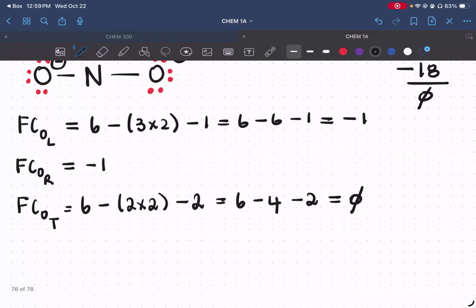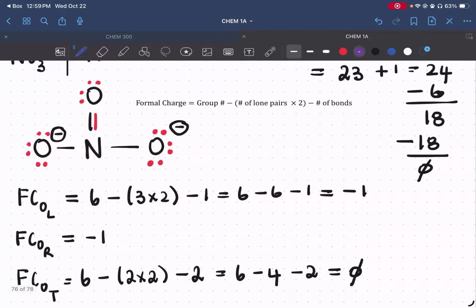All that's left, of course, is the nitrogen. Nitrogen in group 15 has 5 valence electrons. It has 0 lone pairs, and in total has 4 bonds. This is a whopping total of +1.